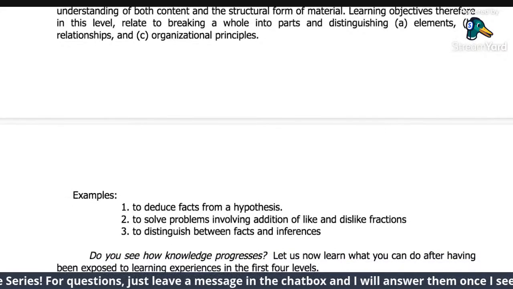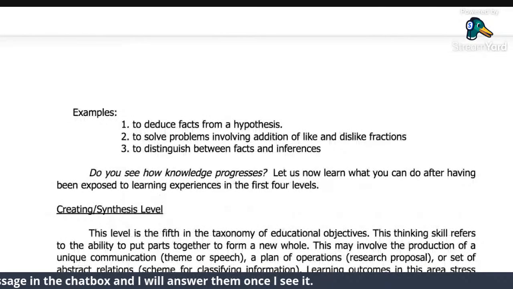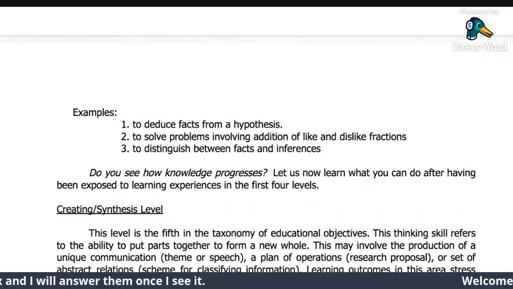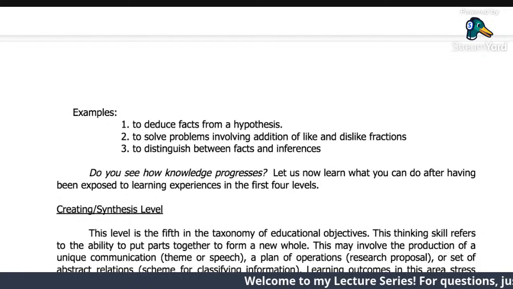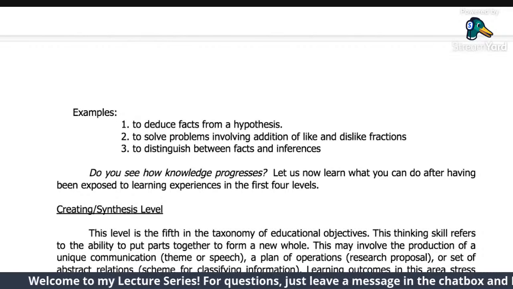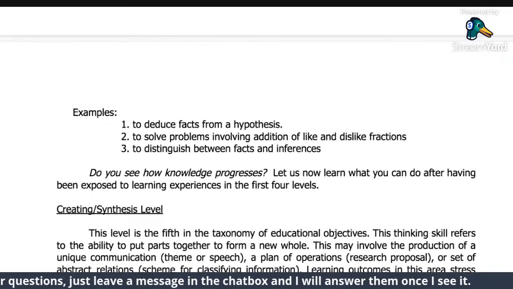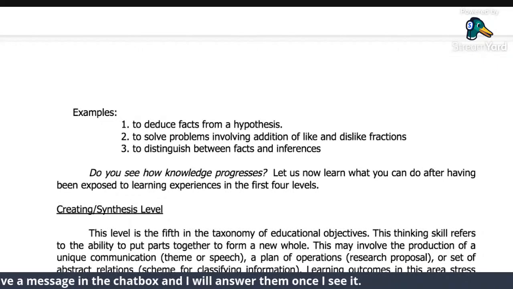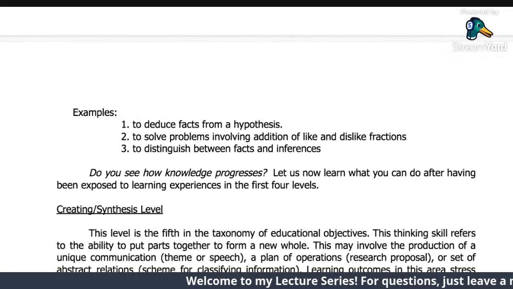Okay, so to solve problems involving addition of like and unlike fractions. You see why to solve again? To solve was also used earlier, right? The verb may appear in two or more levels, but it depends on how our objectives are stated. So here, when we say to solve problems involving addition of like and unlike fractions, this would require analysis, knowing which are like and unlike fractions.